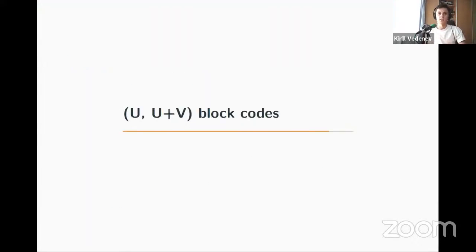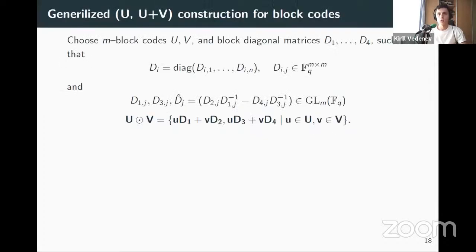And let's discuss how these attacks can be avoided. So we really want block codes with known parameters, but we don't want subfield images and subcodes of subfield images. And it is possible to apply the generalized U plus V construction for the block codes.